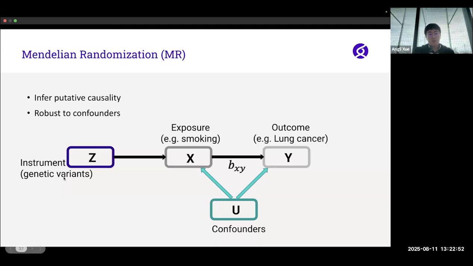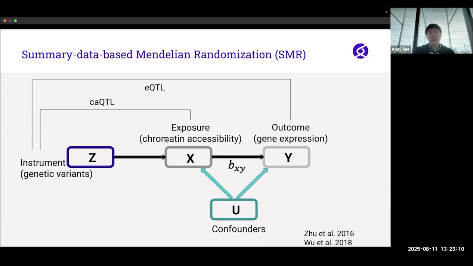You can use a genetic variant as an instrument to estimate the effect of the exposure on the outcome, and this framework has been shown to be free of confounders that affect both the exposure and outcome. And imagine what if they are molecular traits. In our case, we treat the exposure as chromatin accessibility and the outcome as gene expression.